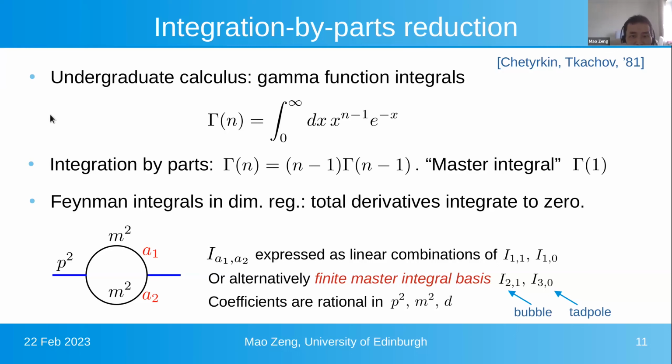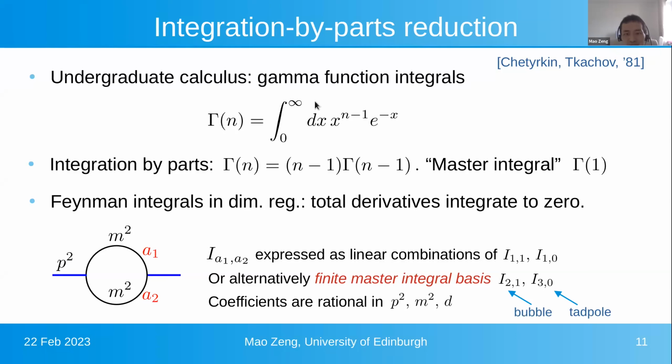For Feynman integrals, there's a very similar story. If you use dimensional regularization, it has a very useful feature that total derivatives integrate to 0, because you can always find a dimension in which the total derivatives vanish at the boundaries, and then you assume your result can be analytically continued to any dimension.